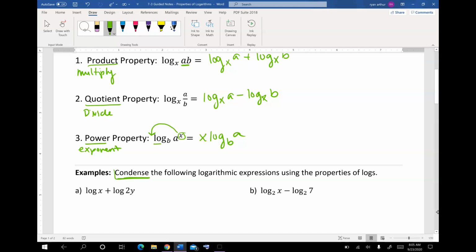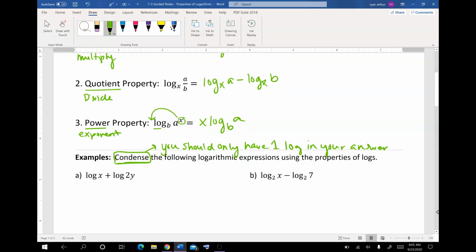If you're condensing, you should only have one log in your answer.